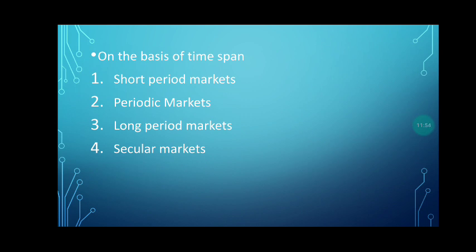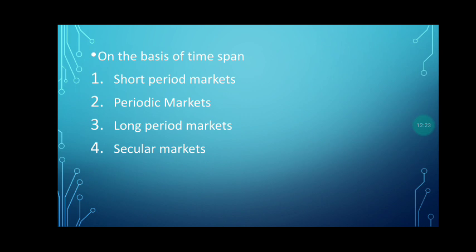Whenever we are talking about the periodic market, it also has a short period, but the duration of this market is generally larger than the short period market. In the periodic market, there is an assembly of buyers and sellers at specified places. This market can be found at village level, in semi-urban areas, or in some parts of the urban areas as well.